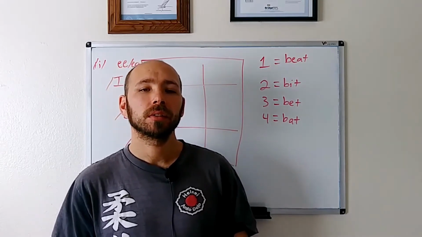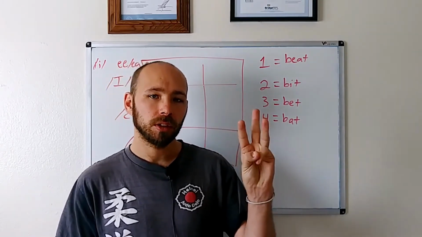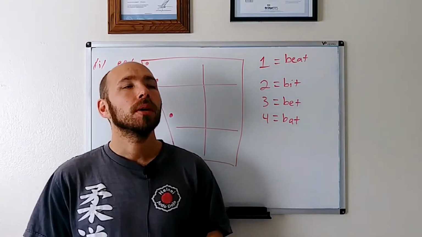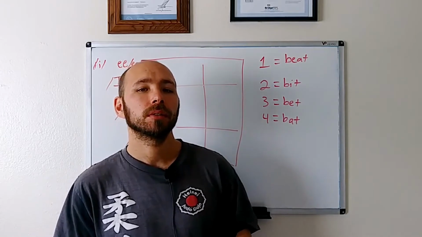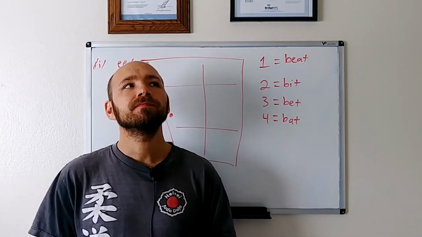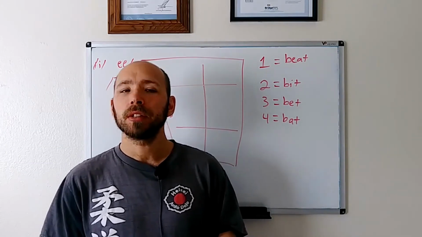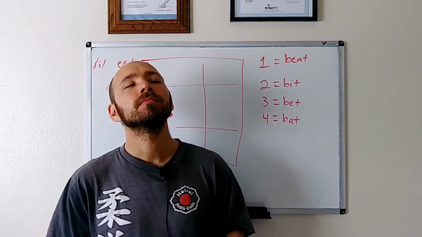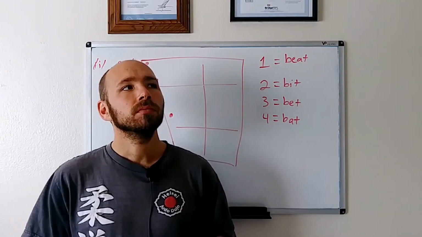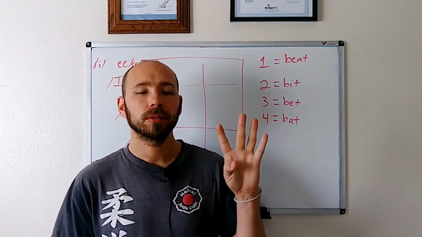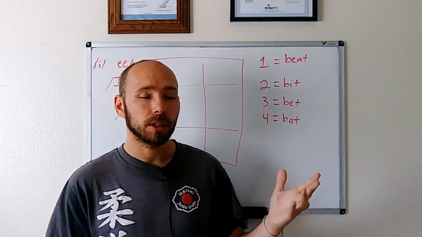Bet. 3. Bit. 2. Bit. 2 again. Bat. 4. Okay, we'll speed it up, say it a bit faster.